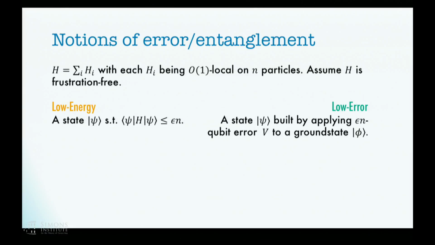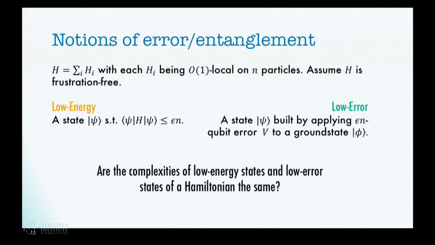On the left, in orange, we're going to consider the idea of low energy, which is any state whose energy relative to this Hamiltonian is smaller than some epsilon fraction. And on the right, we have this notion of low error, which is any state which, up to errors on epsilon n of the qubits, looks like a ground state. As in, you take a ground state, you apply some error, and you see what happens. Now a good question to ask is, are the complexities of these two things related? And what can we say about them?